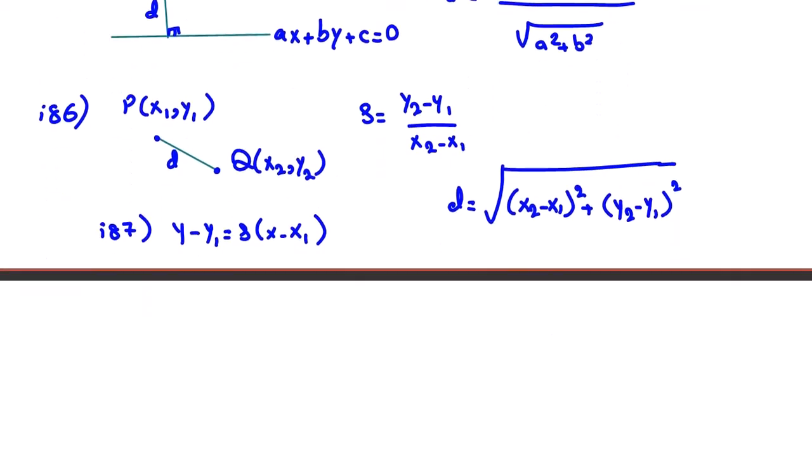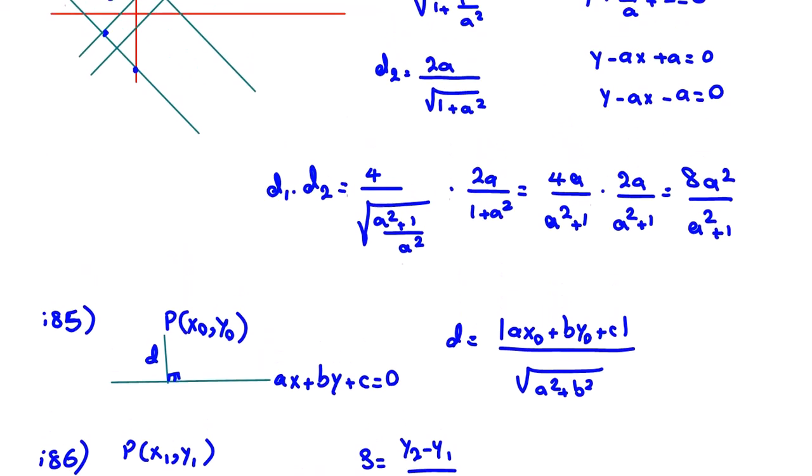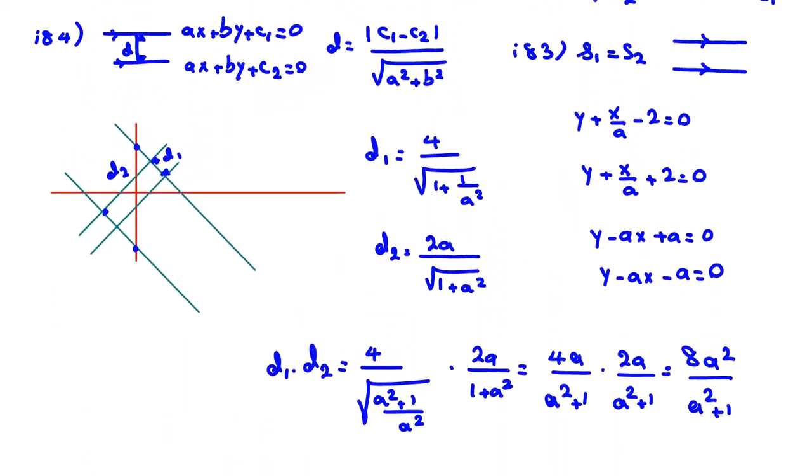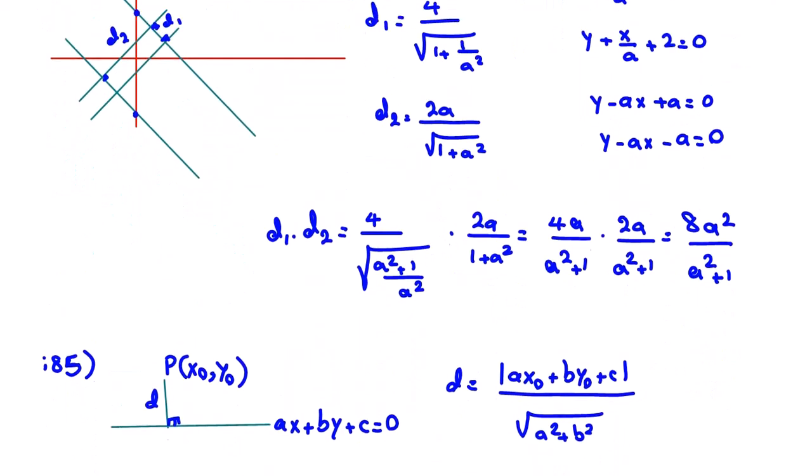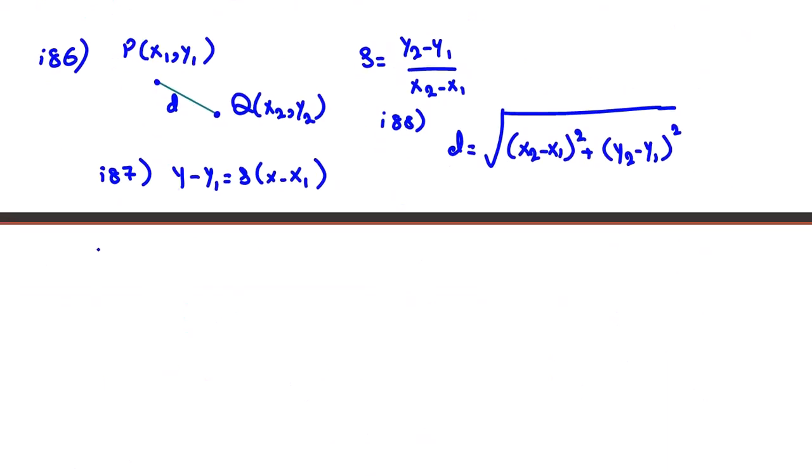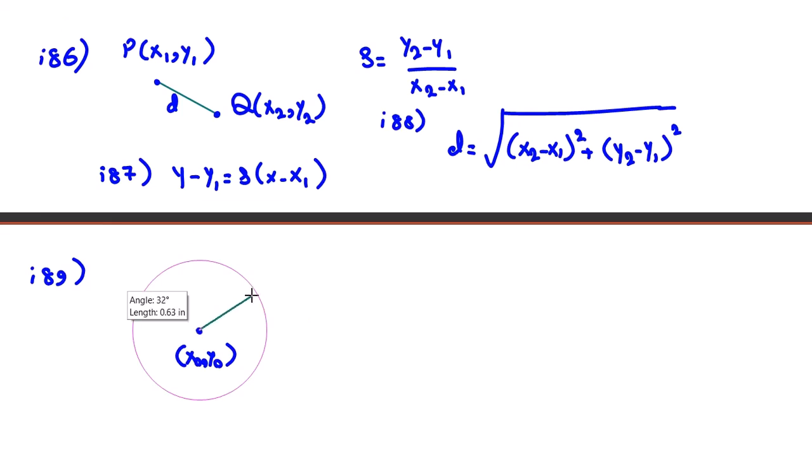And for example, idea 88, two parallel lines. Okay, now if you have these lines on a circle, for example, idea 89. If you have a circle and you want to know the equation of that, what is it? Suppose the center is (x0, y0) and the distance is r.